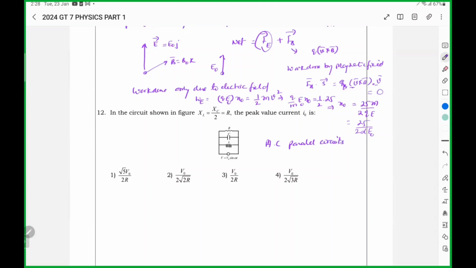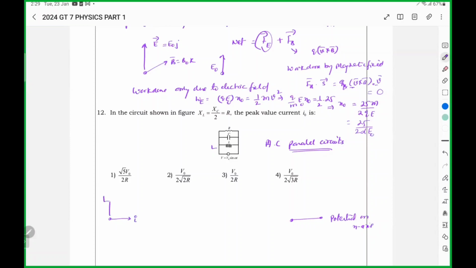We take current along the x-axis and voltage lagging or leading. We draw a phasor diagram and do vector addition. In parallel circuits, voltage is the same. We take potential on the x-axis.